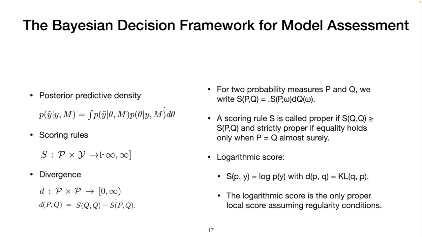What does local mean? Local means S(P,Y) only depends on P(Y). And the evaluation of the prediction only depends on the prediction evaluated at the observed data, not at other data.